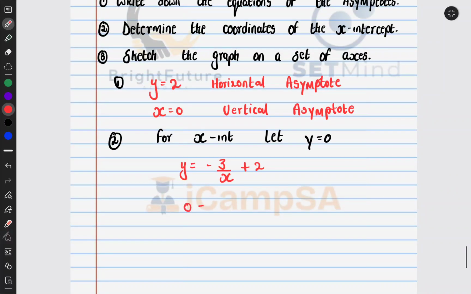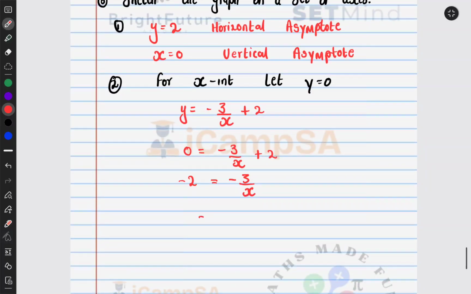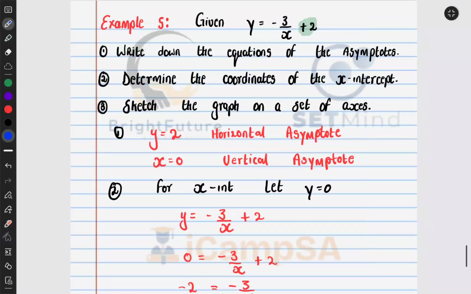We equate y to 0, so we have -3 over x plus 2 equals 0. Let's solve for x. We put the 2 on the other side, and we're going to have -2 is equal to -3 over x. Therefore x is equal to 3 over 2. The negative and the negative will cancel, but here we are looking for the coordinates, so the coordinates are going to be 3 over 2 and 0.